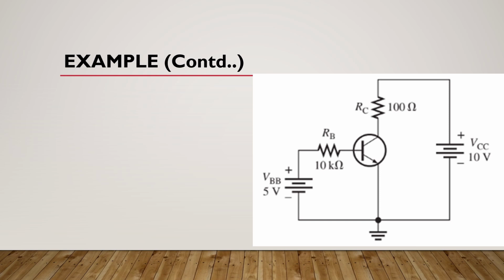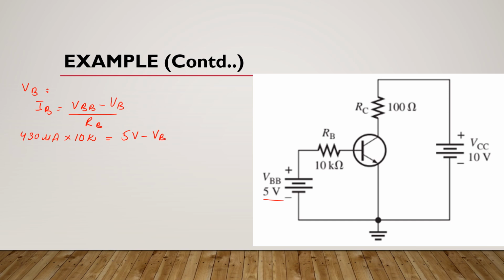Now we will find nodal voltage of base using this formula. IB is equal to VBB minus VB divided by RB, and here this IB is 430 microamperes and this RB is 10 kilo ohms, and this VBB is 5 volts, and here we have VB.